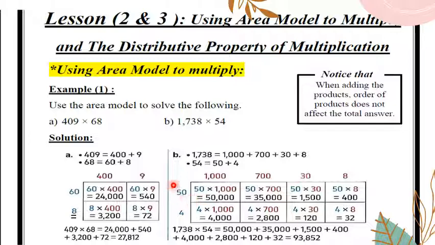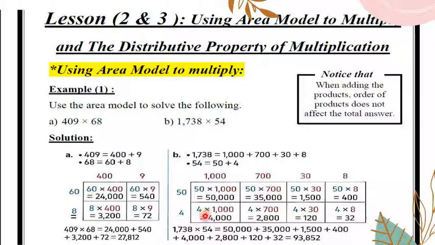50,000. Then 50 times 700 equal 35,000. 50 times 30 equal 1,500. Then 50 times 8 equal 400. After that, let's make 4 times 1,000.